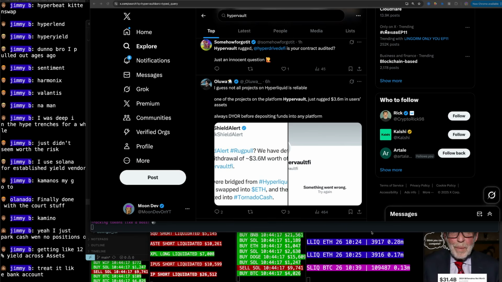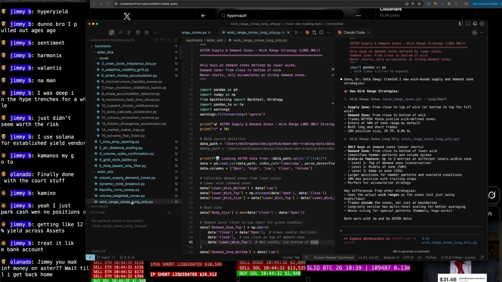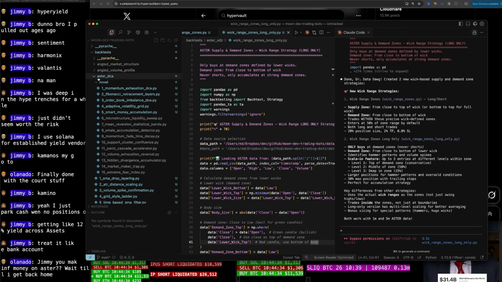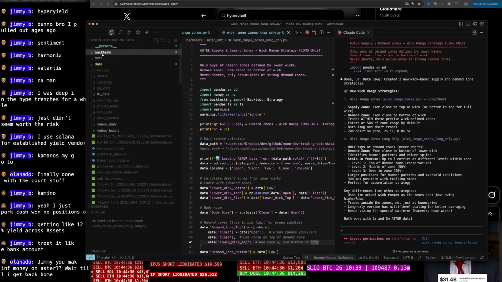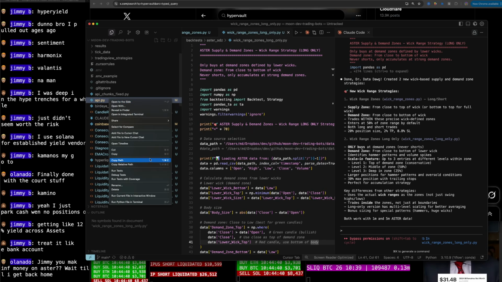I think what I'm going to do here is just try to raw dog this. Aster DCA, backtest, data, API, copy path.